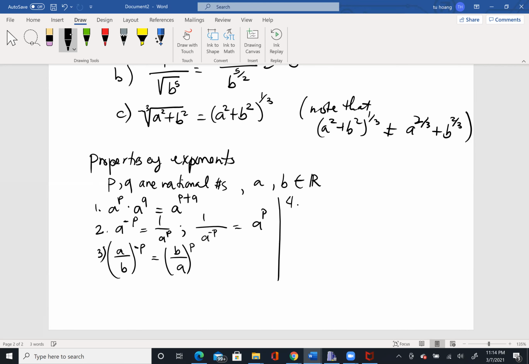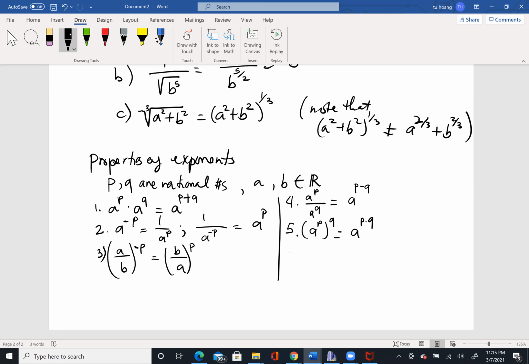Let's move to number 4. I have A to the power P over A to the power Q. That's going to give me A to the power P minus Q. So this is called the quotient rule. And number 5, I have A to the power P, everything to the power Q, which will be A to the power P times Q. This is called the power rule for exponents.